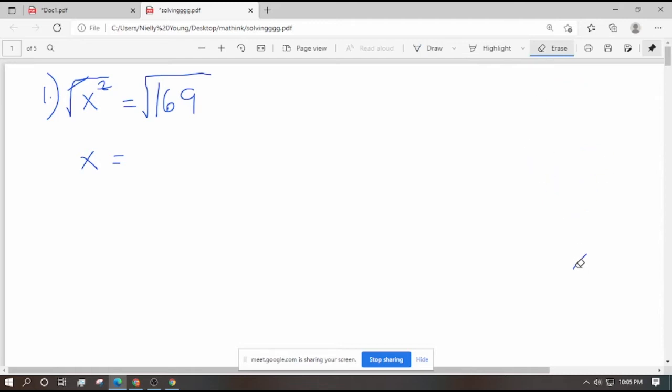Let's go back to x. What is the square root of 169? Meaning, what is the factor inside the square root, two same numbers that when multiplied become 169?